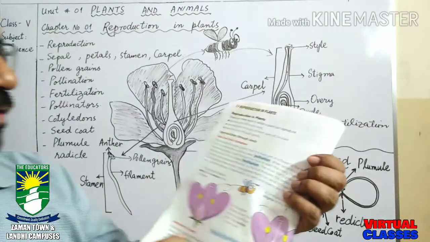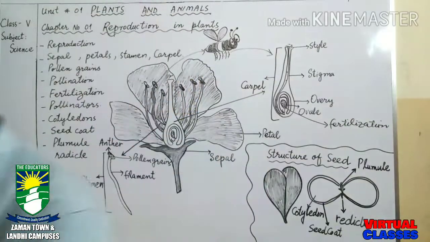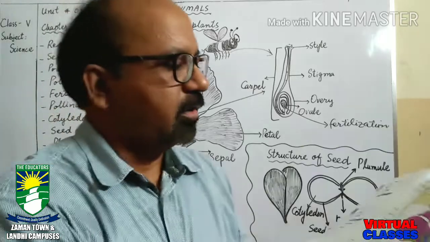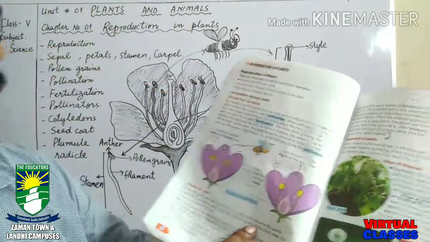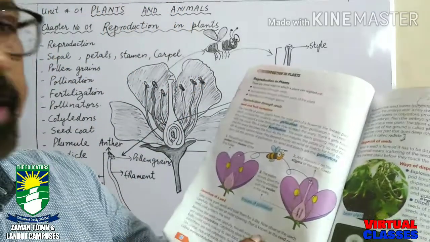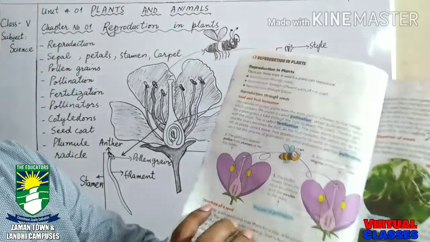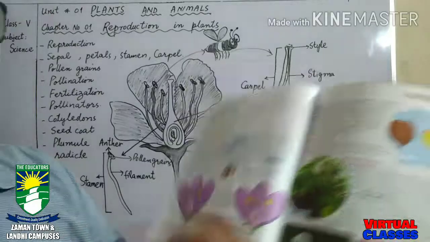And now I just want to show you the structure of the seed. In your book, you are told to soak the seeds for the whole night, and I have done it for you. I just want to show you the structure of the seed.